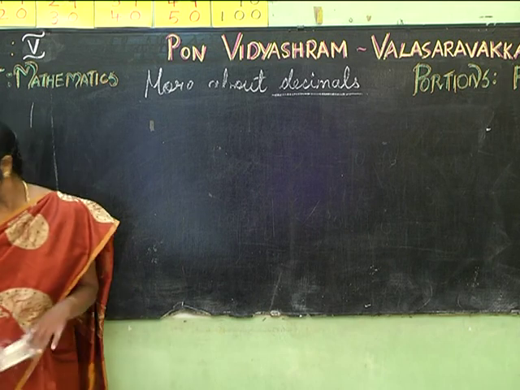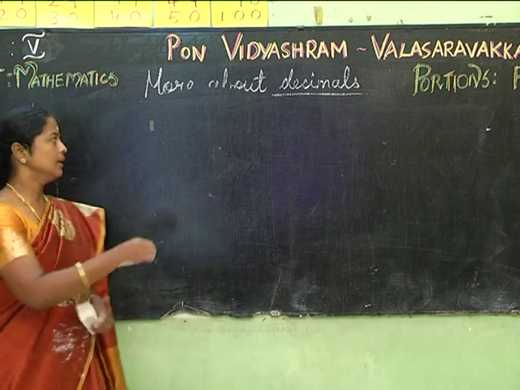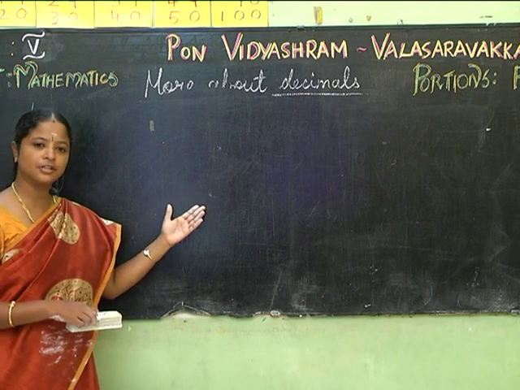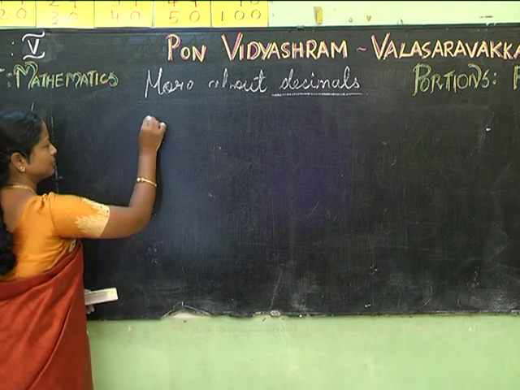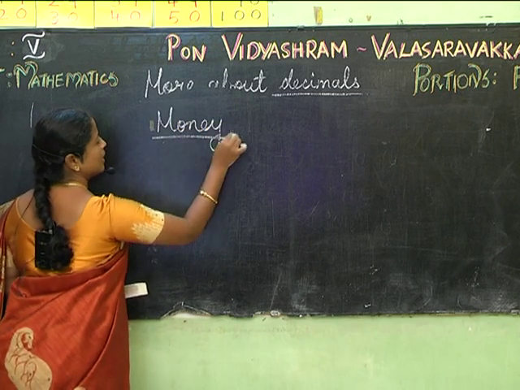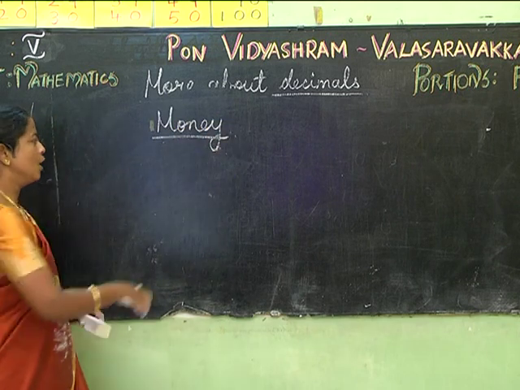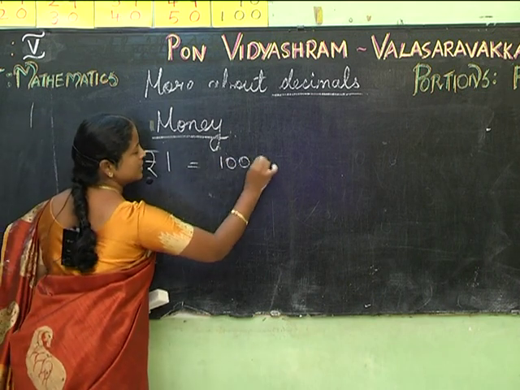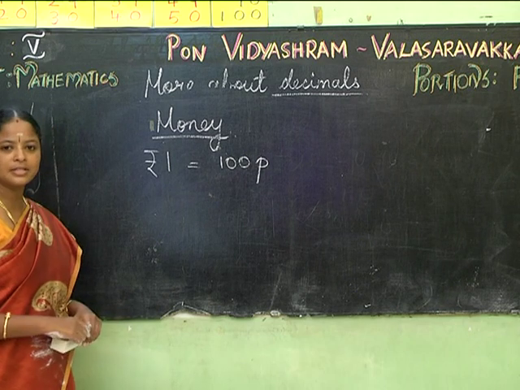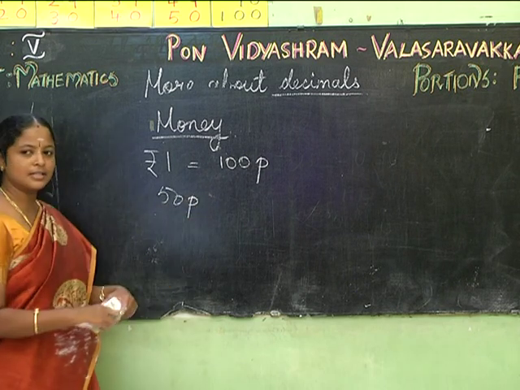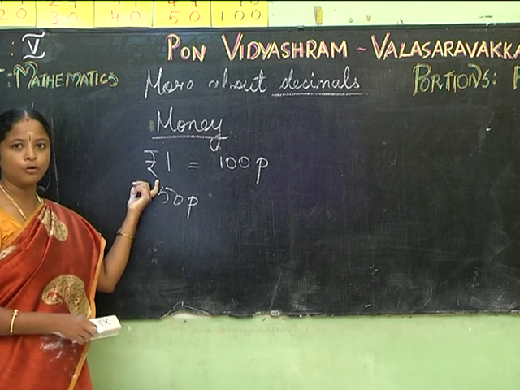Now we shall see about multiplication and division with decimals and money. 1 rupee is equal to 100 paise. How will you represent 50 paise? So 50 paise should be represented in rupees.